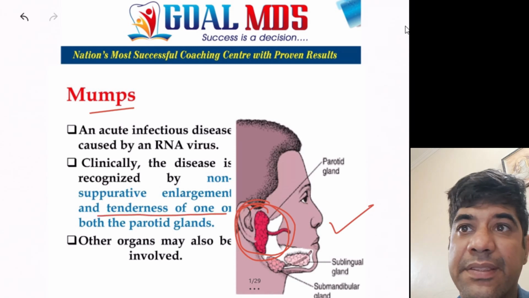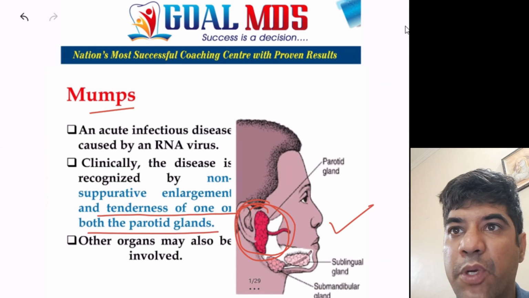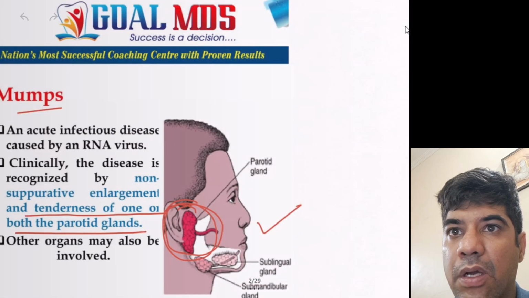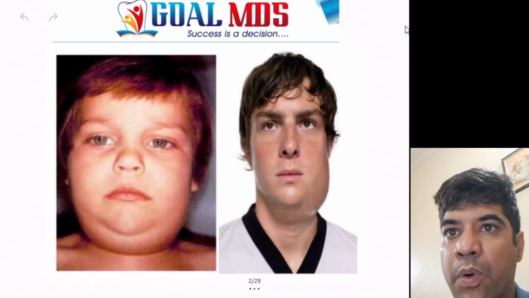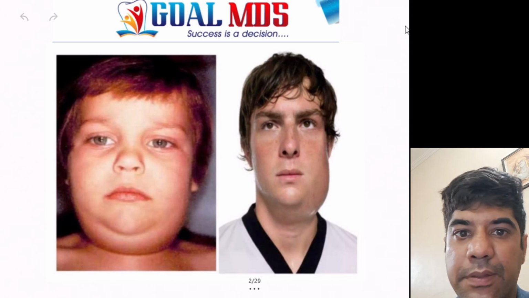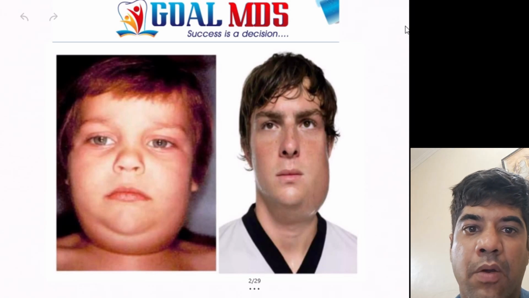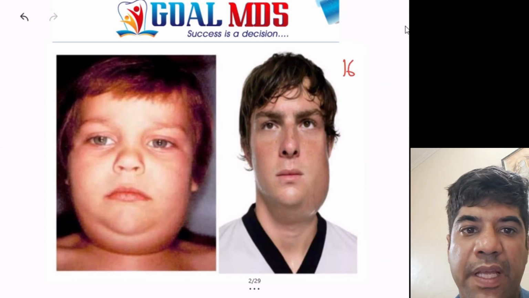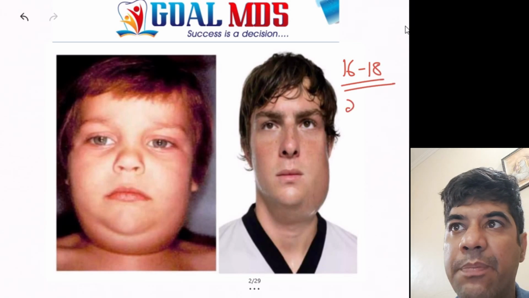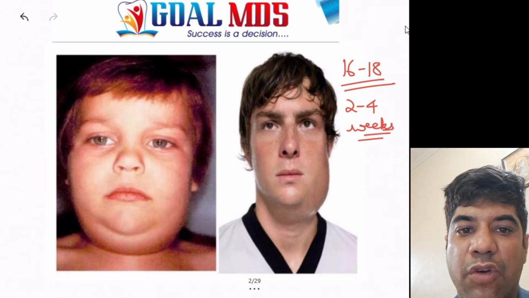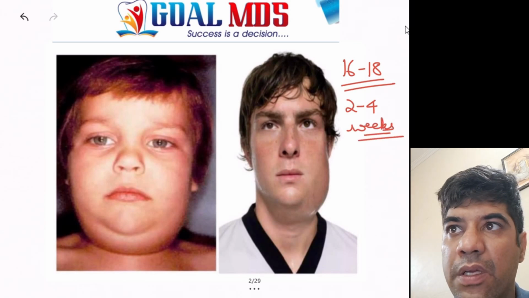The disease is recognized by non-suppurative enlargement and tenderness of one or both parotid glands. Other organs like pancreas, ovaries, and testes are frequently affected. The incubation period is around 16 to 18 days with a range of about 2 to 4 weeks.